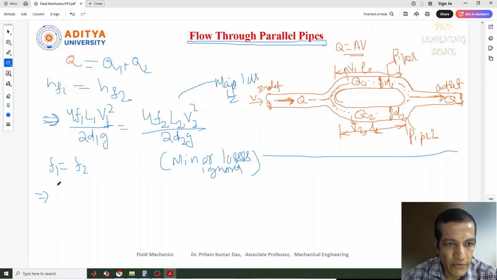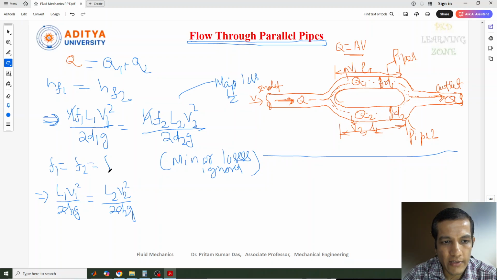Let's cancel all the things. We can write L1 V1 square by 2 D1 G equal to L2 V2 square by 2 D2 G. What I did: the 4 cancels, and F1 and F2 are the same, so both cancel here. Now we also cancel the 2G part.